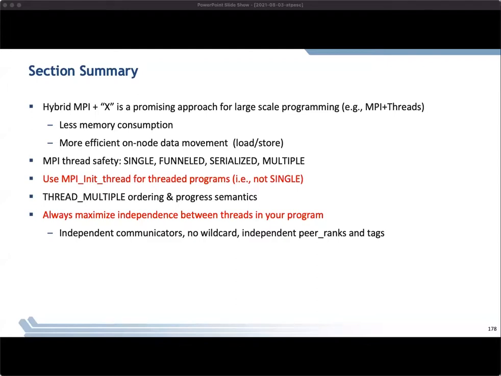So just using threads has other considerations that you need to think of.